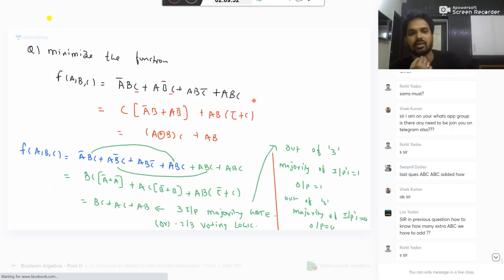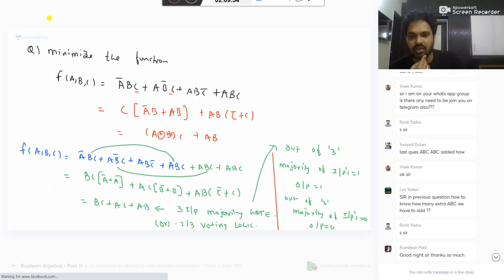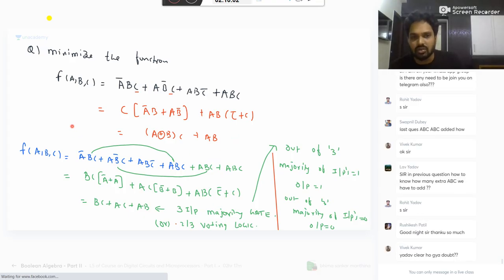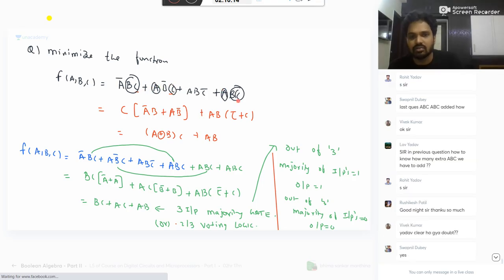Okay, now go back, my dear friends, good night. Thank you so much. So here you might have this doubt: why ABC is added. Check here, if you see the original function, BC is common with this BC. Similarly, here AC is common with this AC.